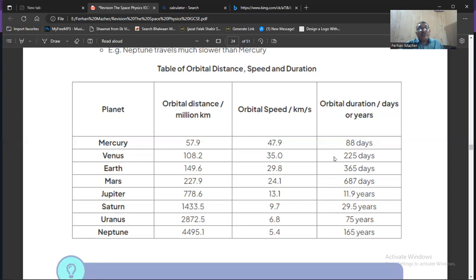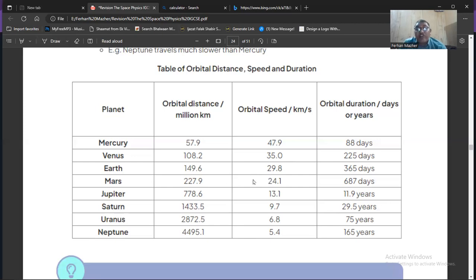Earth's orbital distance is 149.6 million kilometers, its orbital speed is 29.8 kilometers per second, and its orbital duration is 365 days. Mars's orbital distance is 227.9 million kilometers.